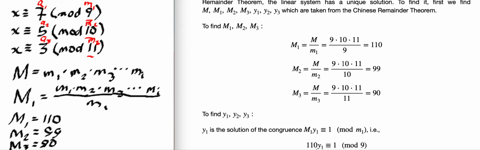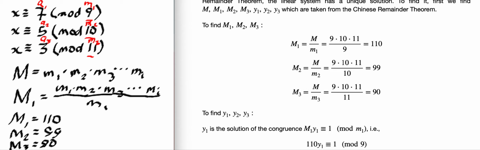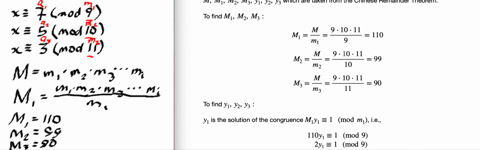Imagine 9 times 10 is 90, 9 times 11 is 99, and one more step, 9 times 12 is 108. 110 minus 108 is going to give us a remainder of 2. Therefore, we can simplify this into 2y sub 1 is congruent to 1 mod 9.